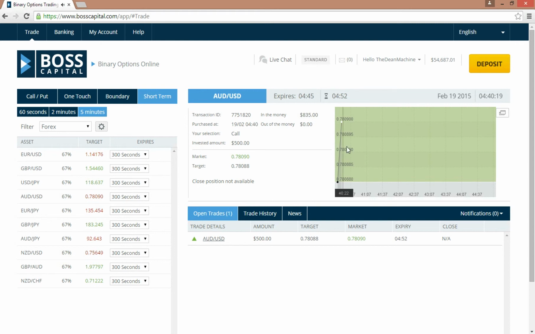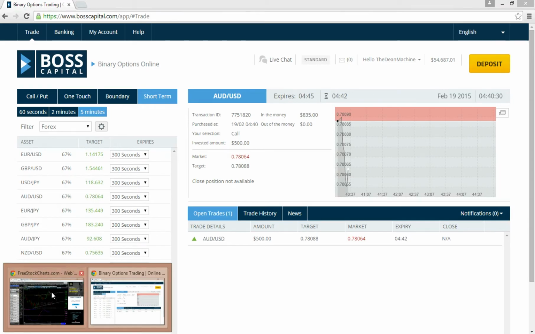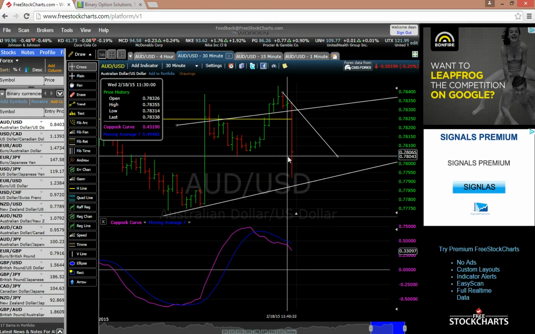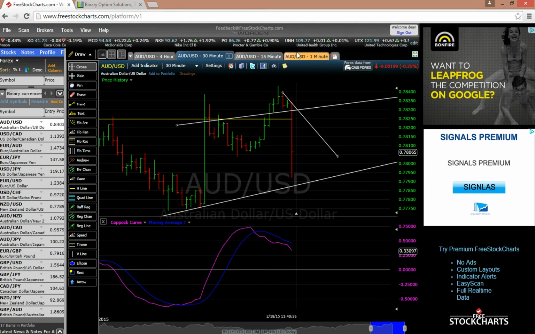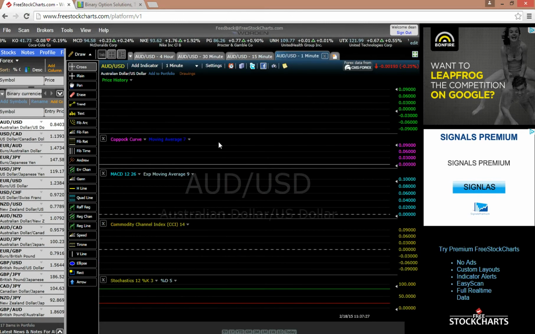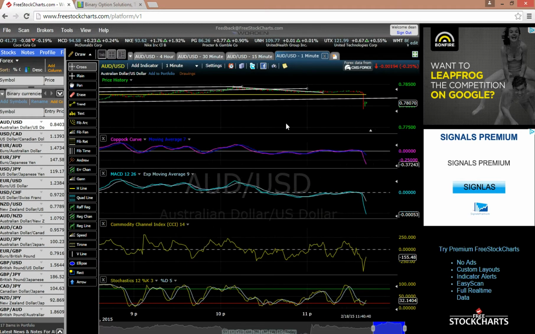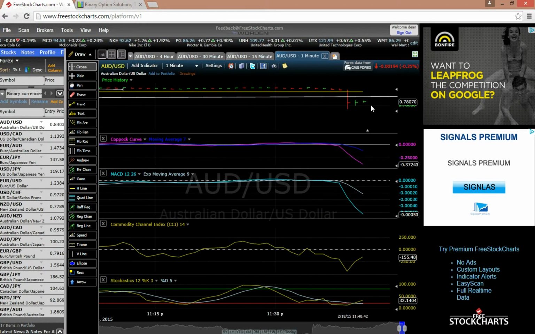Instantly in the money. Instantly out of the money. High intensity trading, guys. Let's follow this trade. As you can see, we probably got in close around here, and within the next 5 minutes we're looking at a sharp increase, or an increase at least.